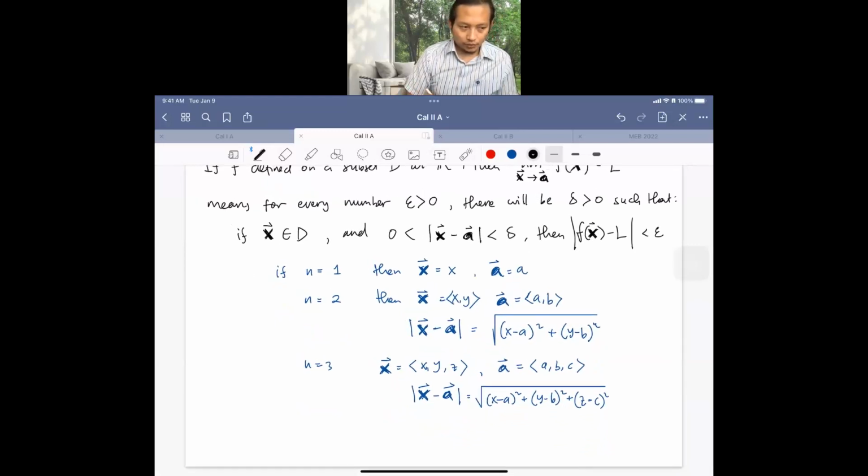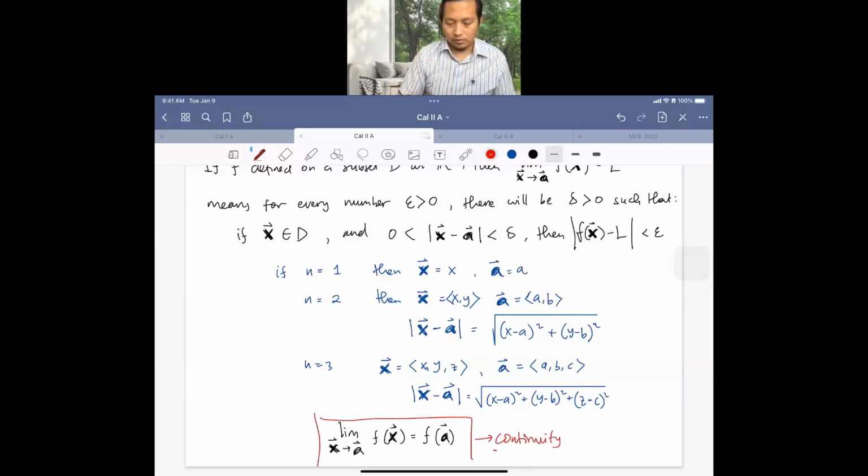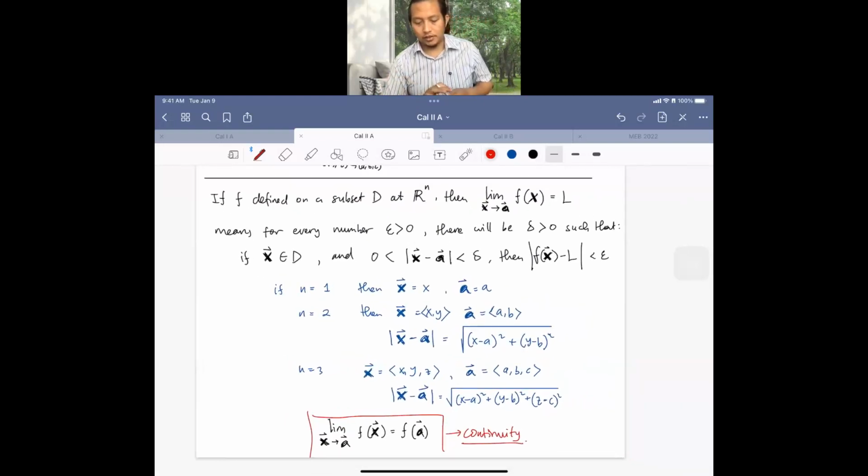And the continuity we can write when we have the limit, and this is its continuity in more general terms.